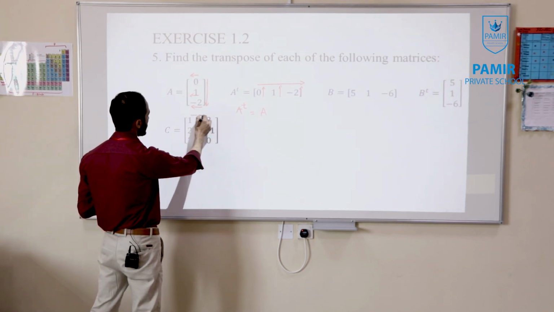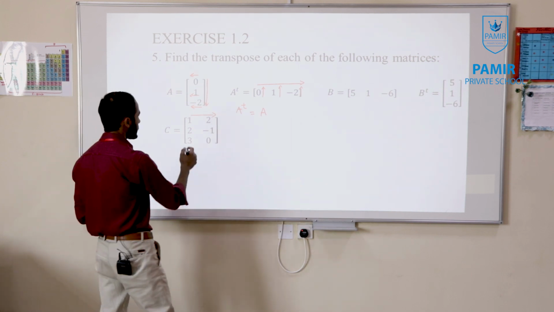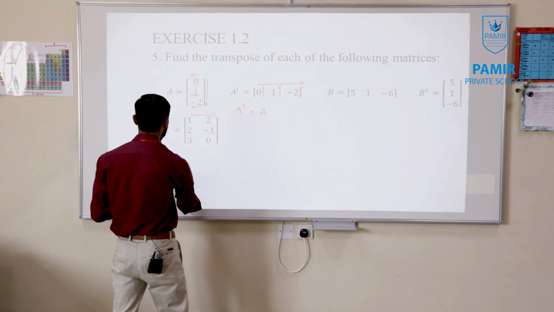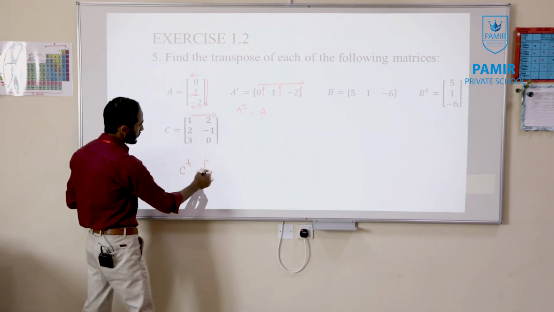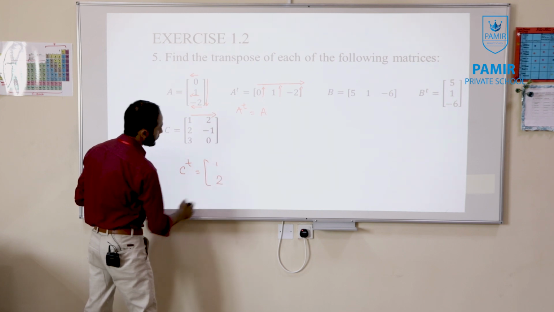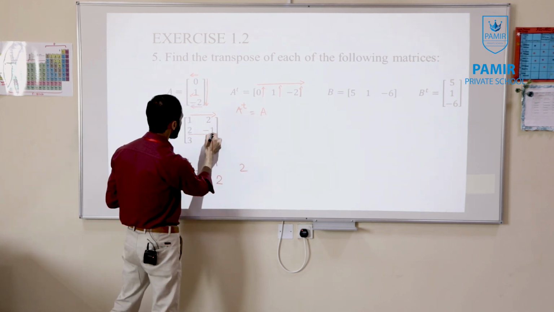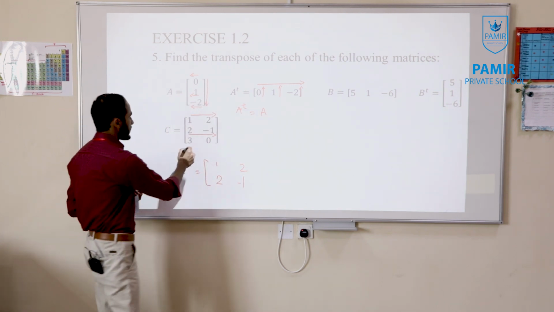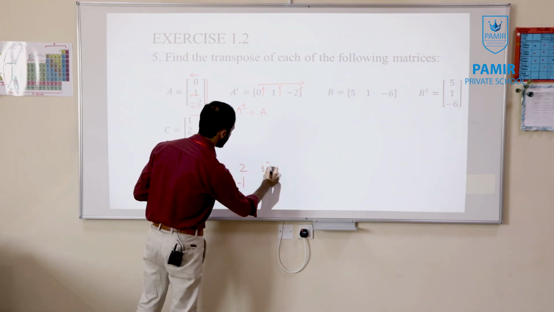For example here, each row we have to convert into a column. Here we can write the transpose of the C matrix. The first row is written in column form as 1 and 2, the second row as 2 and -1, and the third row as 3 and 0.